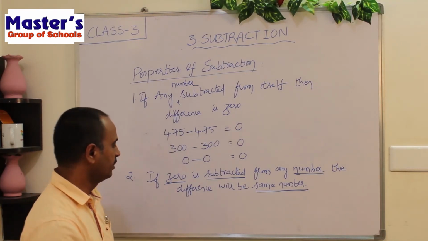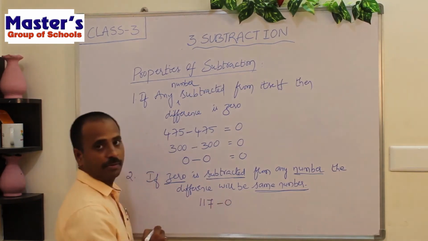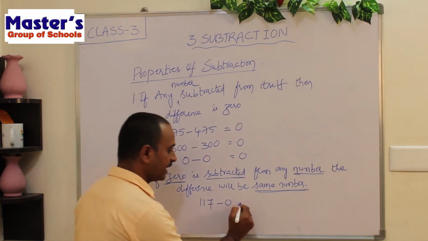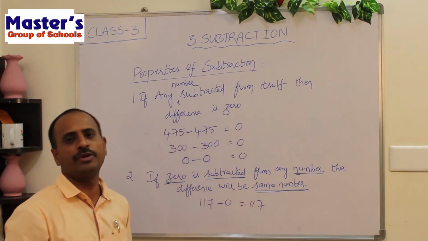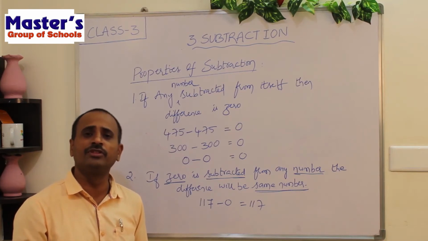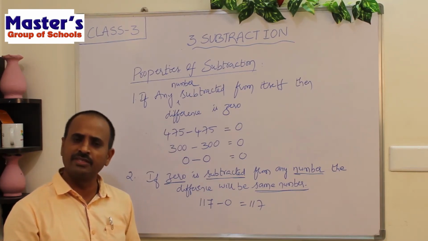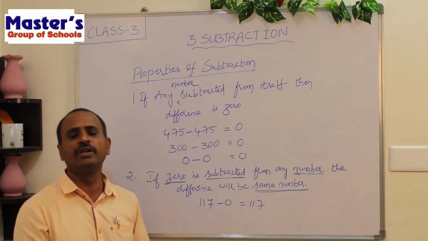See this example. For example, 117 minus 0. That is, 0 is subtracted from 117. So again you will get 117, the same number. That means 0 means nothing, and subtraction with 0 means there is no subtraction. So if you subtract 0 from any number, you will get the same number.